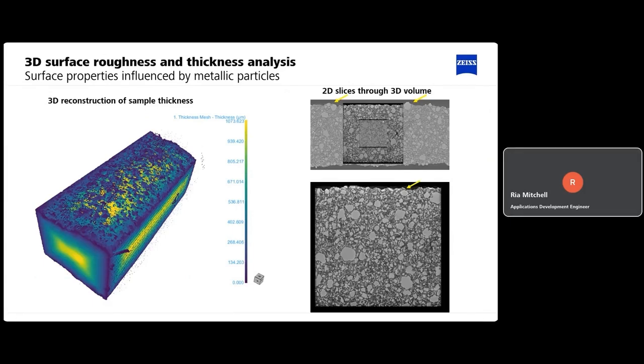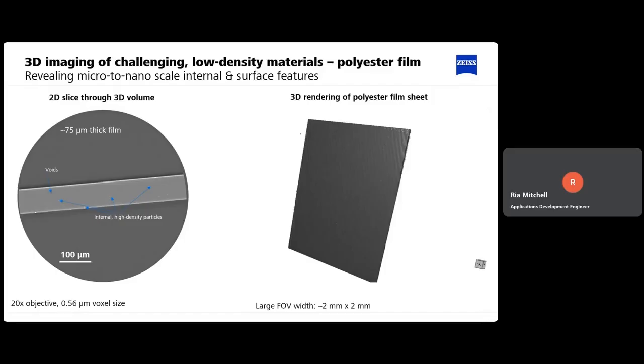From studying the 2D slices, we can see that it's actually those aluminium particles within the sample that are contributing to this sample roughness. So it could be a case where the manufacturer of this material goes back to the drawing board and thinks about the particle sizes they're using to help eliminate that surface roughness. So that's thermal gap filler.